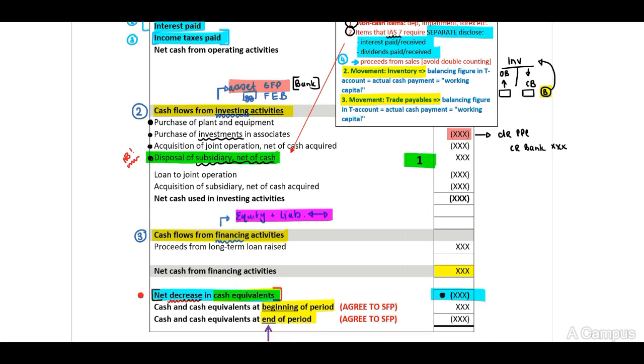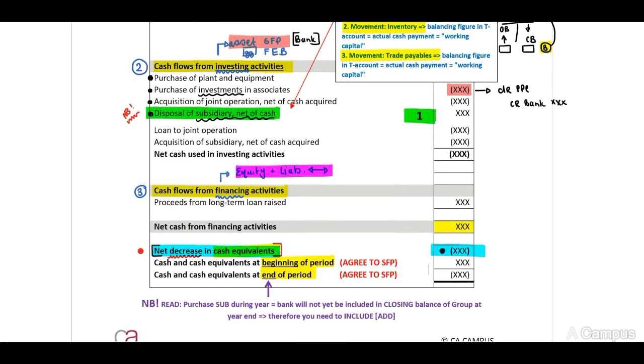Now I want to indicate to you a very important thing that you need to identify when you read the information in a question. If they have indicated to you that the entity purchased a subsidiary during the year. Now, when you think about your timeline, remember, if we use our opening balance of our bank account for our group, at this point in time, our group only consists of our parent.